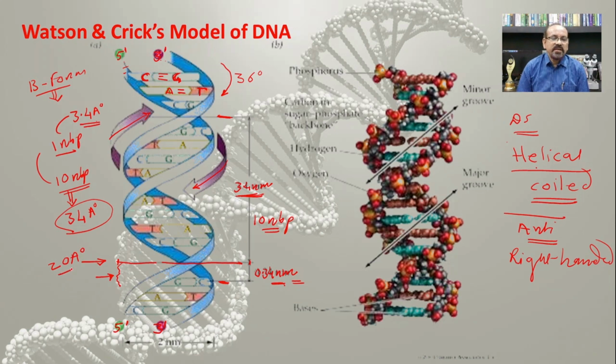So this structure was discovered and given by Watson and Crick, and hence this is known as the Watson and Crick's model of the DNA. As already told you, they have been awarded the Nobel Prize for this noble discovery in the field of life sciences.